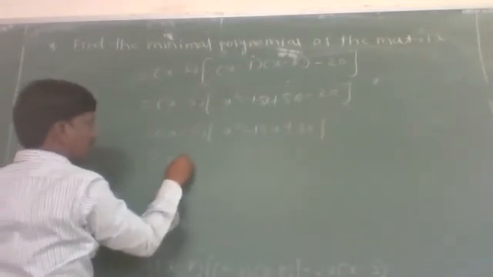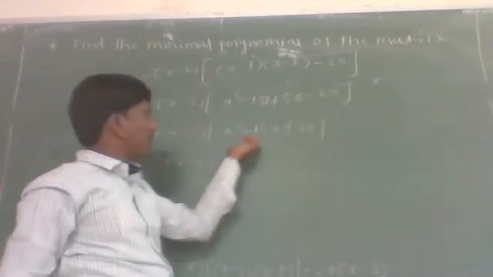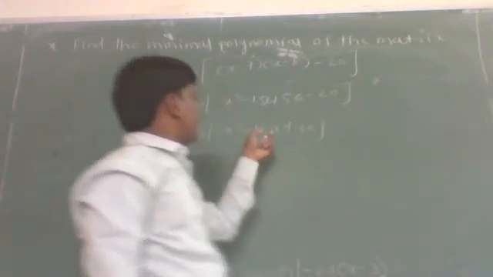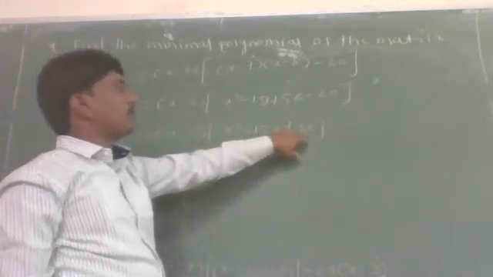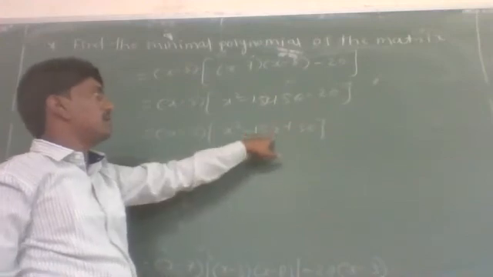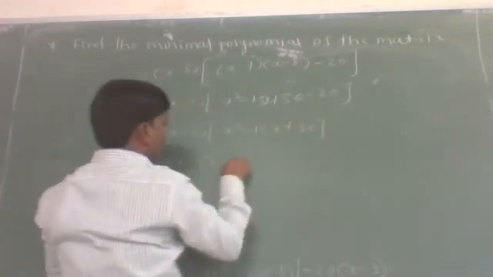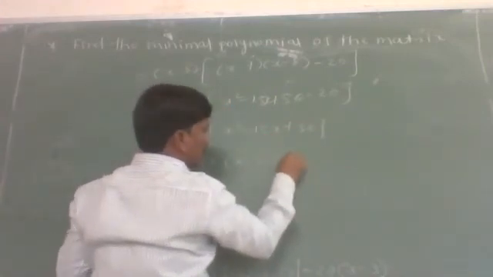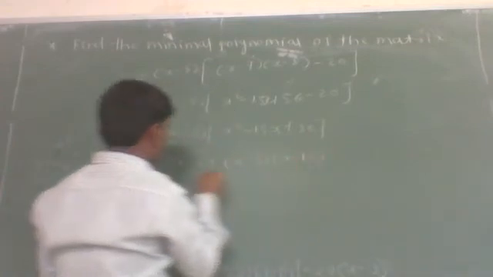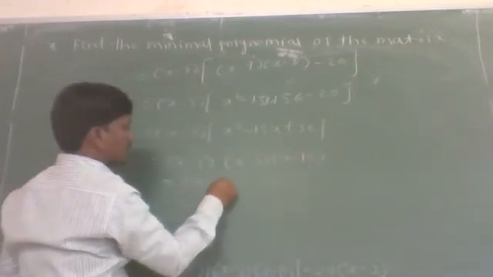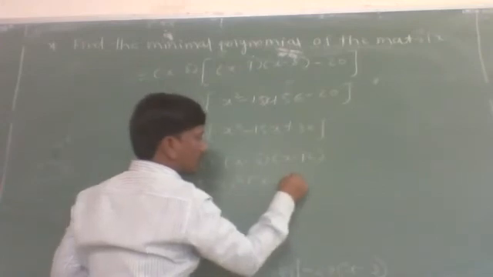Nothing but x minus 3, and its roots: 12 times 3 is 36, minus 12 minus 3 is minus 15. So here we get x minus 3 square into x minus 12.